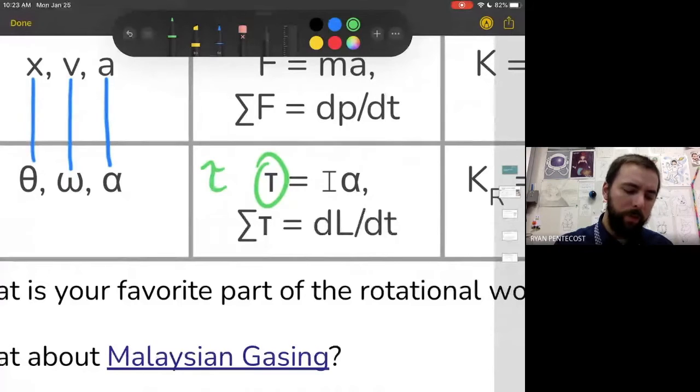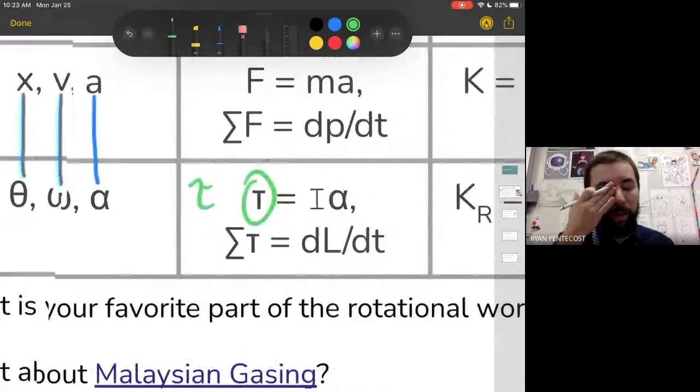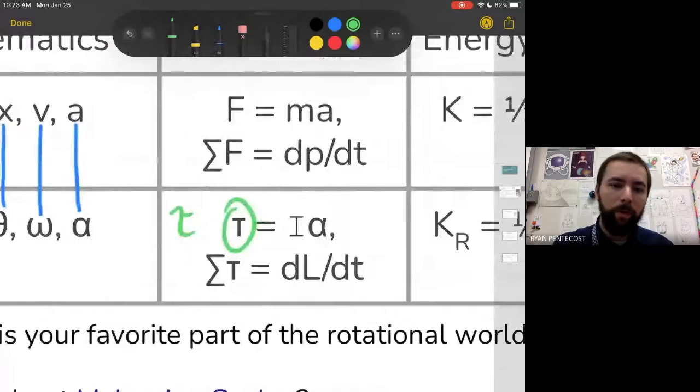But torque is going to serve as our analogous angular force. It's not a perfect analogy, but it's what we're going to go with because the math actually lines up, because you've got angular acceleration right here, and then angular mass is kind of weird. Angular mass is called moment of inertia. We don't call it angular mass. That's not a real thing. But moment of inertia can actually serve as mass in some of these analogous formulas. We'll talk about moment of inertia extensively later, but it's basically the idea that mass has inertia, right?